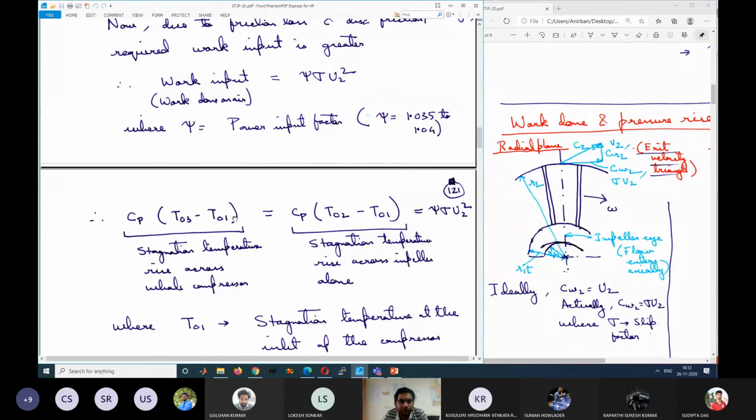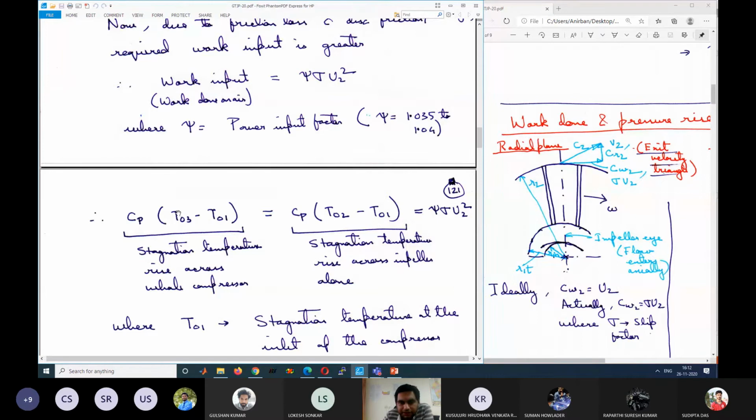Now because there is no work input in the diffuser, even if there are frictional losses, it does not change the stagnation temperature, right? So the stagnation temperature at the diffuser exit, T03, is equal to T02. The overall change in stagnation enthalpy across the entire centrifugal compressor is given by Cp (T03 minus T01), which is equal to the change across the impeller, Cp (T02 minus T01), because there is no change in stagnation enthalpy across the diffuser.